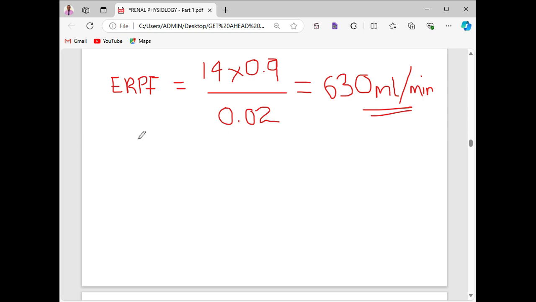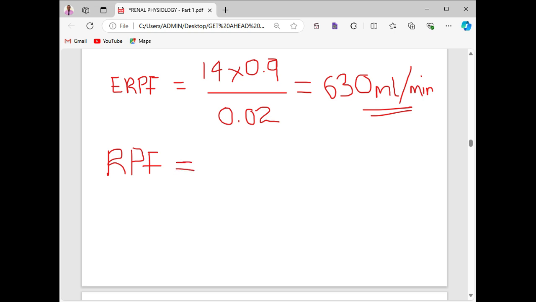Now when we want to convert this effective to the actual renal plasma flow, what are we going to do?